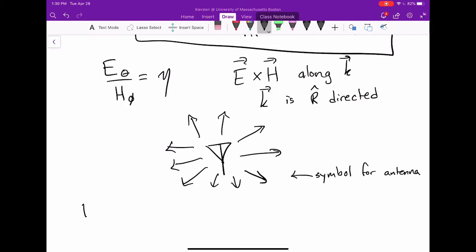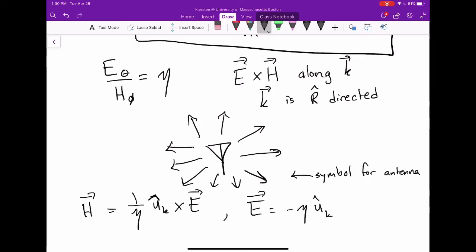Just as a reminder, those are that H is equal to 1 over eta times the unit vector in the propagation direction crossed with E, and the electric field is equal to minus eta times the unit vector in the propagation direction crossed with H. Except here, these unit vectors in the propagation direction are r hat, the radial spherical vector.